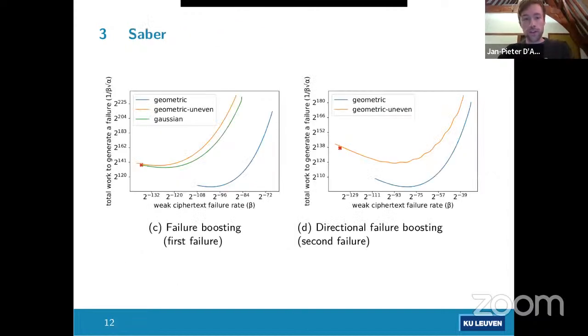As you can see in these figures, there's a big difference. The blue curve is what you would have with the simplified model from previous papers, and the orange curve is the new model. There's a 20 or 30 bit difference between the models. The old model is really not accurate for Saber and Kyber, for practical schemes.